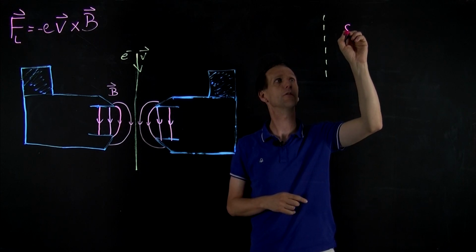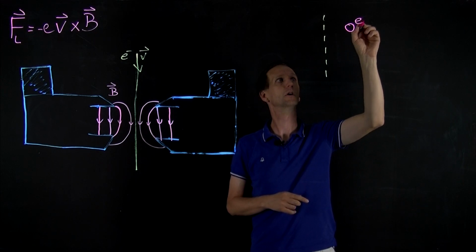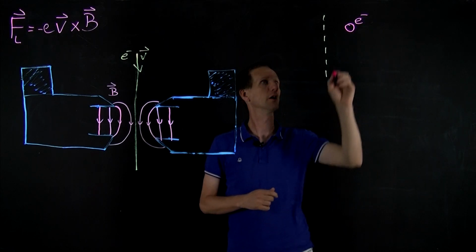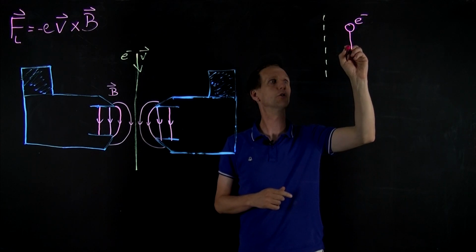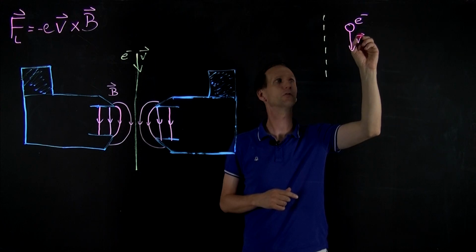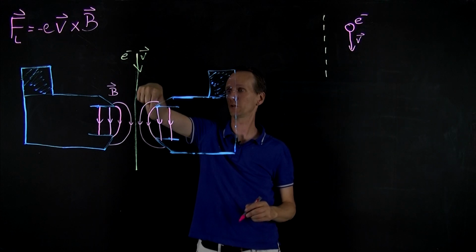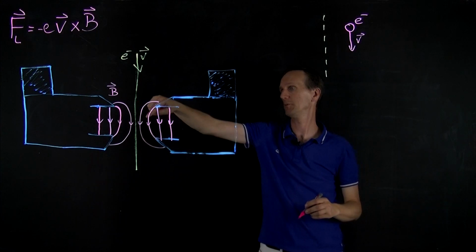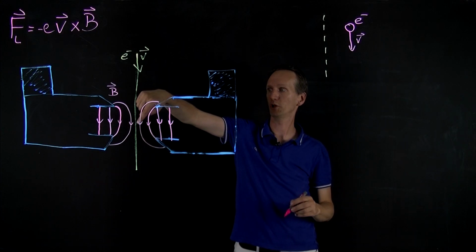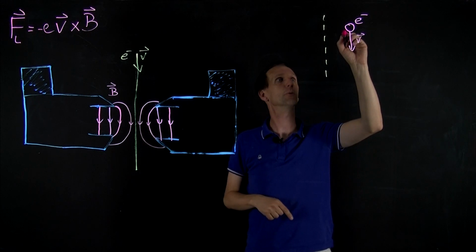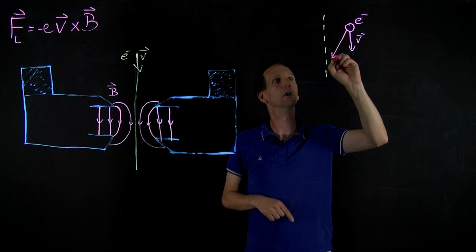This is our electron. It's traveling along the optical axis when it enters the magnetic field region, but now slightly on this side of the optical axis. That means that the magnetic field in this case is pointing at an angle towards the optical axis. So we have our magnetic field in this direction.